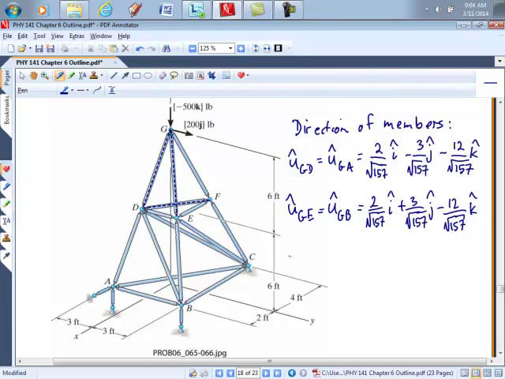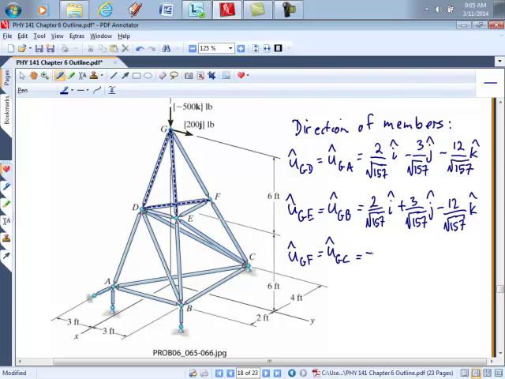All right, and the last one, the unit vector from G to F, which is the same as the unit vector from G to C. So if we're looking from G to C, how far do we go in the x direction?